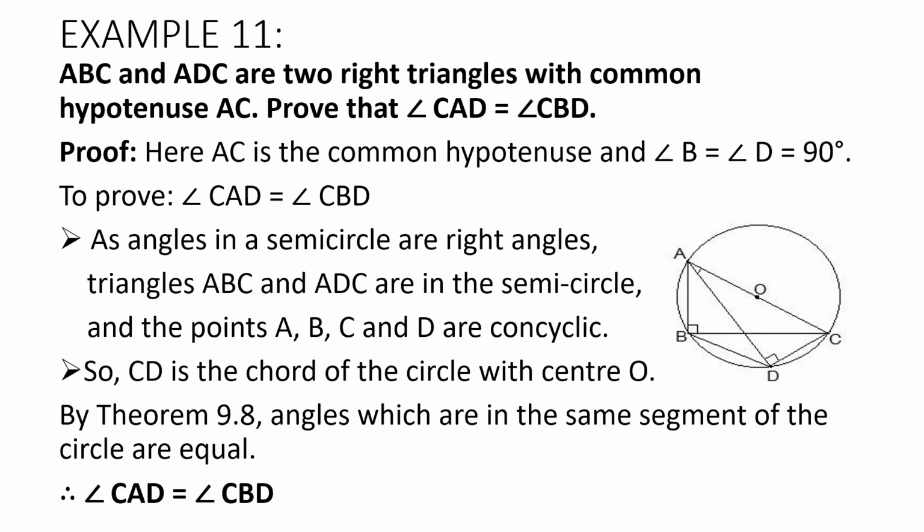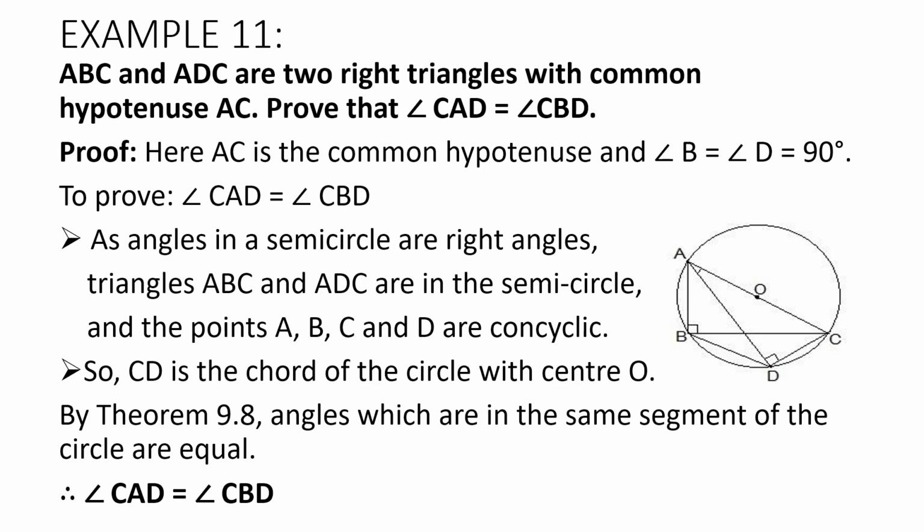Example 11. ABC and ADC are two right triangles with common hypotenuse AC. Prove that angle CAD is equal to angle CBD. Now here we have two right angle triangles with angles B and D both 90 degrees. AC is the common hypotenuse. We need to prove angles CAD and CBD are equal. Now we know that B and D are right angles.